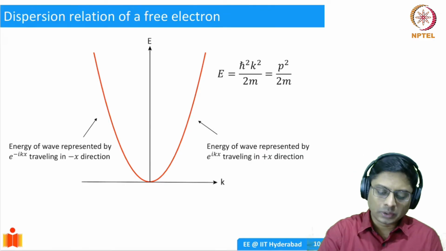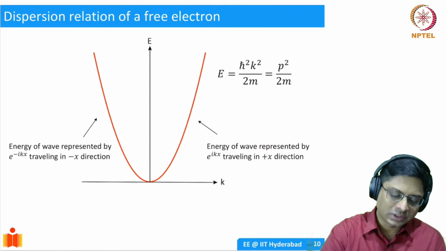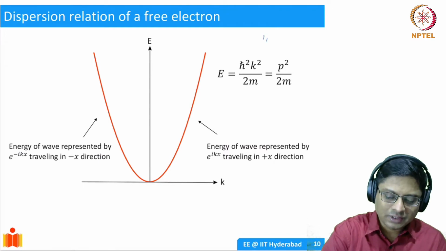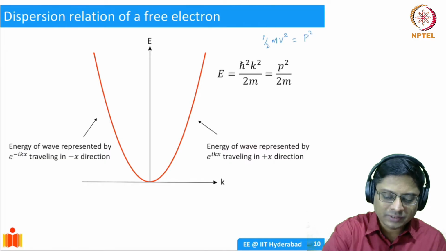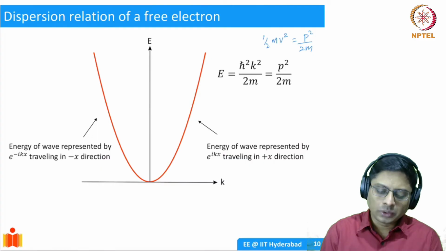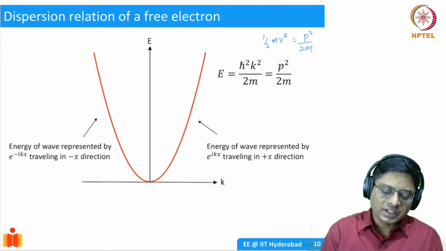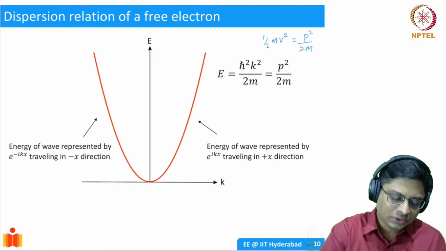What it means is, in classical mechanics, we know that kinetic energy is basically half mv square. You could also write it as momentum square divided by 2m. We studied this in classical mechanics. So essentially, energy in quantum mechanics can be written as E equal to h bar square k square by 2m.